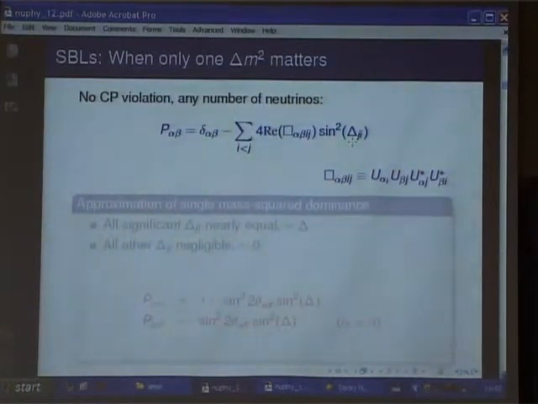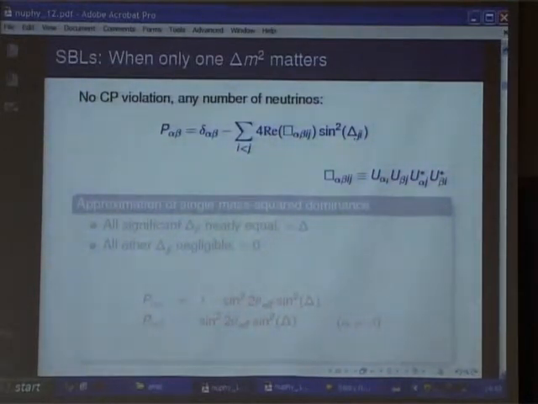And we know that delta 2 1 is much smaller than delta 3 1. There can be certain situations where, for example, only delta 3 2 and delta 3 1 are significant, and delta 2 1 is very small. For example, let's say delta is delta m square L by 4E. So we choose our L and E so that delta 2 1 is very small.